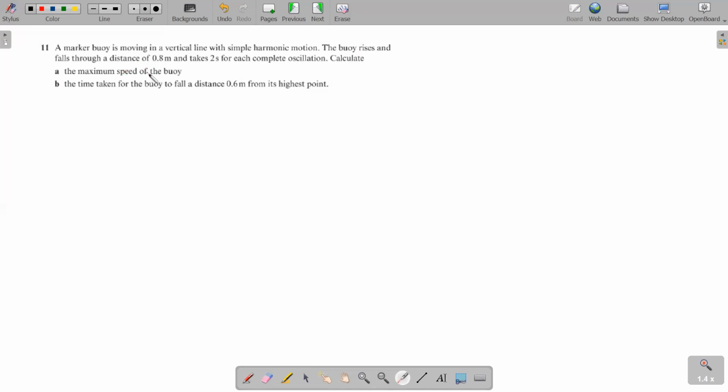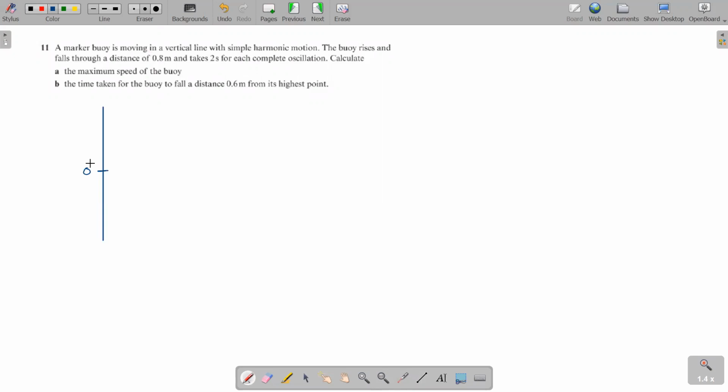So what does this mean? Since it's moving with SHM, the center is going to be in the middle, at the midpoint of this 0.8 meters. The 0.8 meters is the complete height difference. Do you agree? So the center of the simple harmonic motion will be in the middle of 0.8.